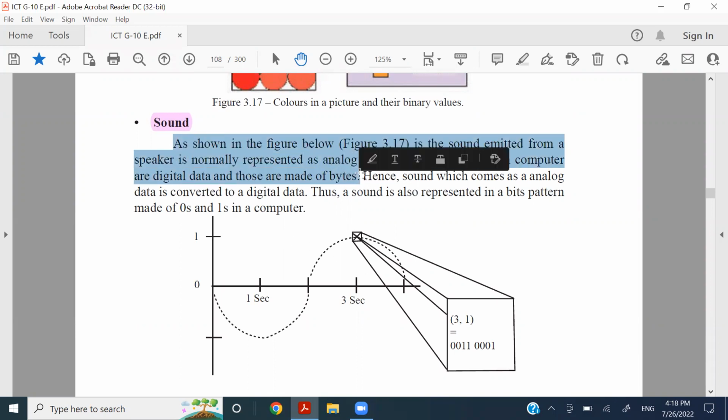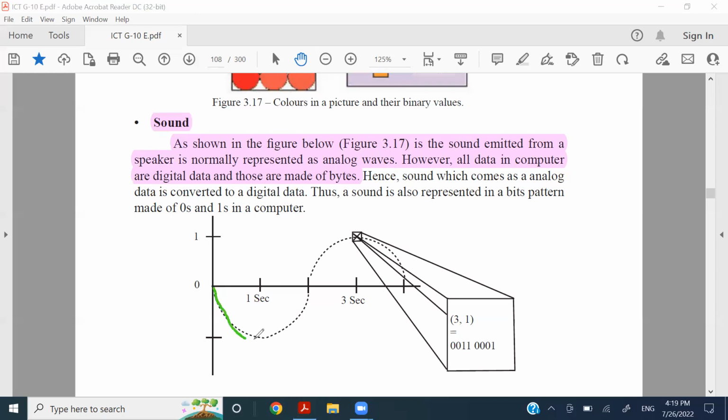Yeah, you can write this part. Plus, it's better you draw this diagram as well. And what does it represent? Now, the sound is kind of an analog wave, something like this. So what the computer is doing is that each and every point of the analog wave will be converted into a corresponding binary code.